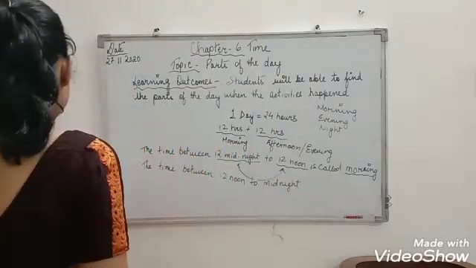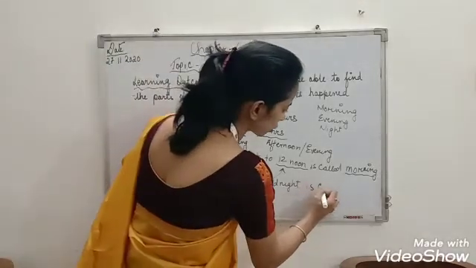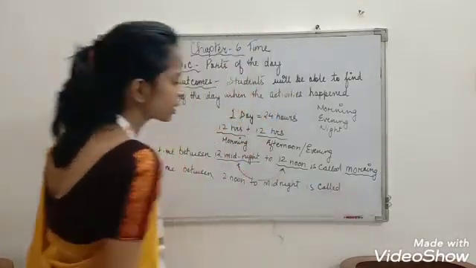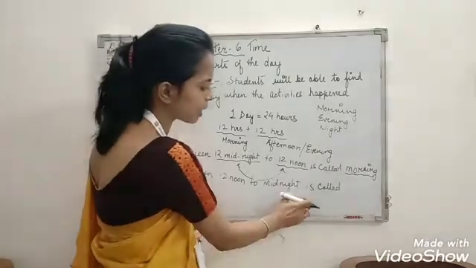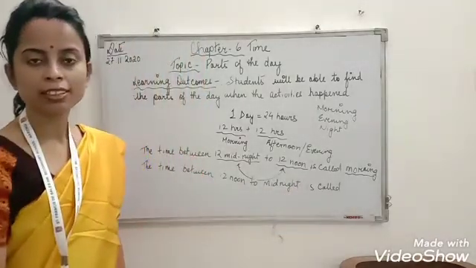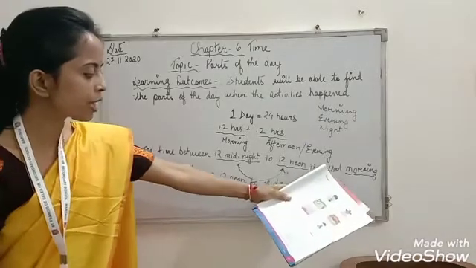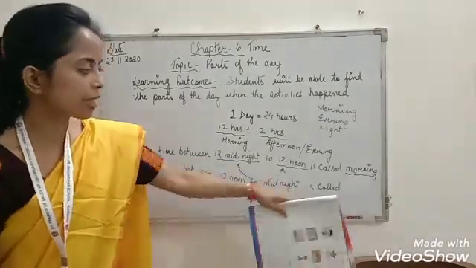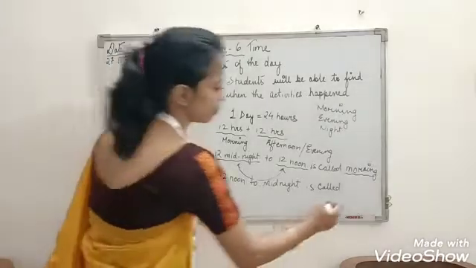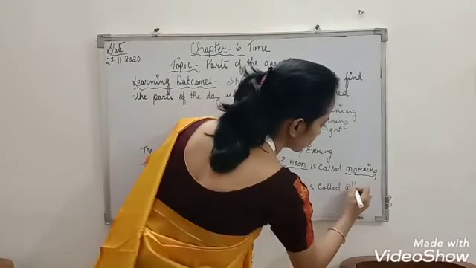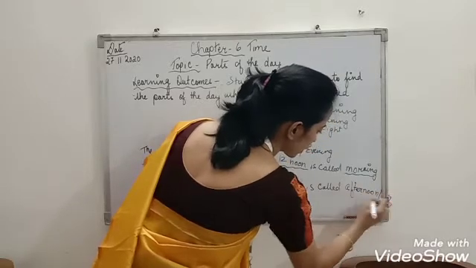The time between 12 noon to 12 midnight is called afternoon and evening.